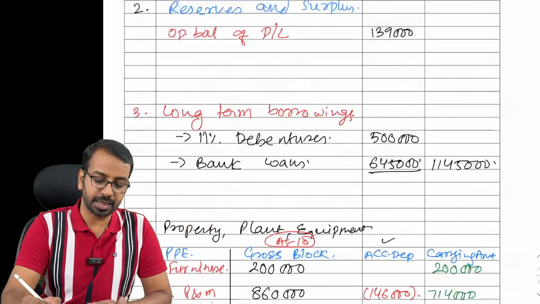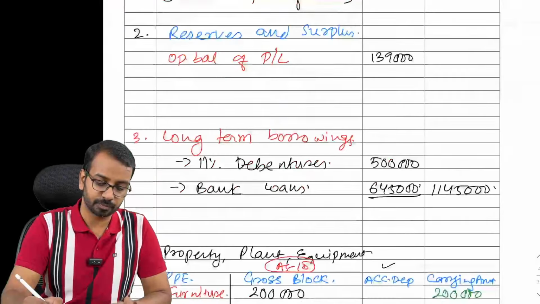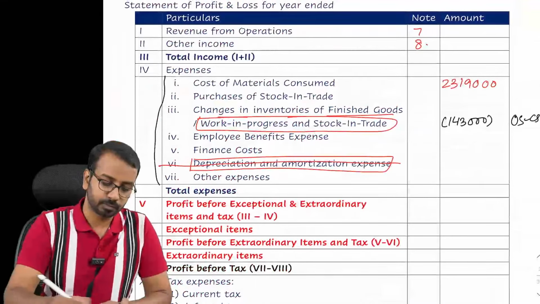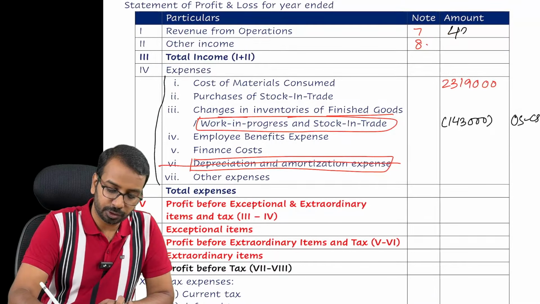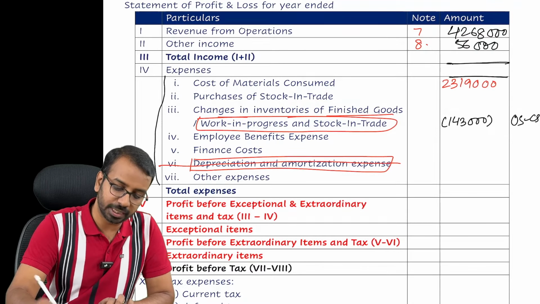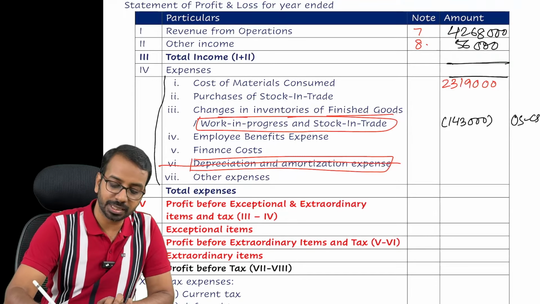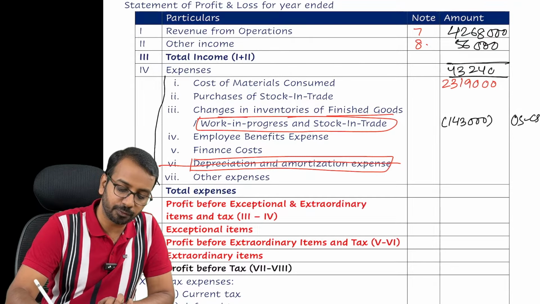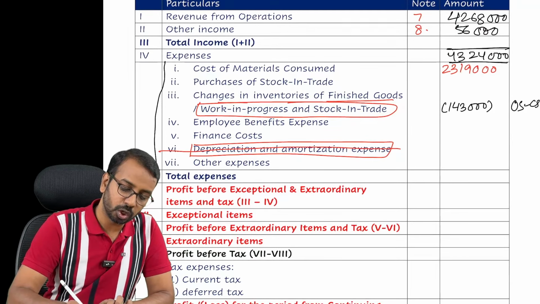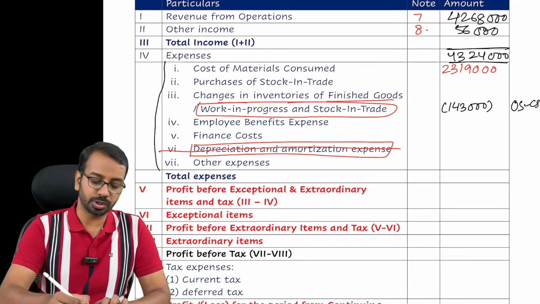So 42,68,000 and 56,000. What is the total income? 42,68,000 plus 56,000. Total income is 43,24,000.